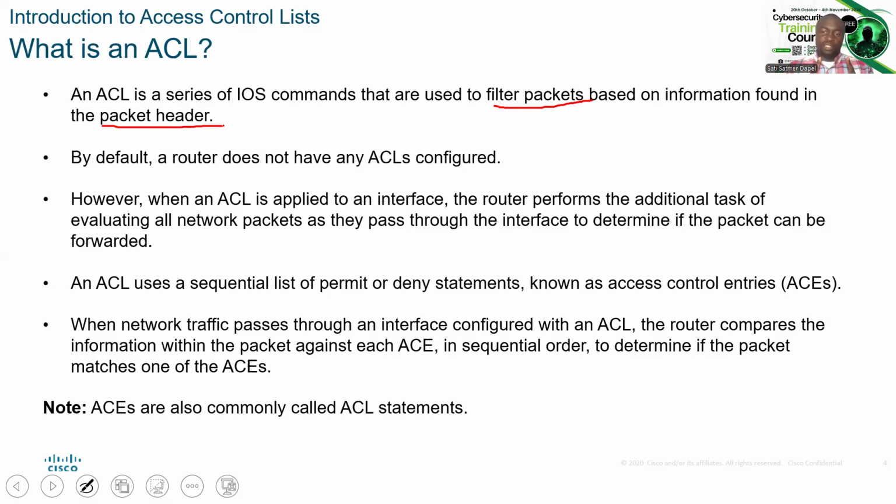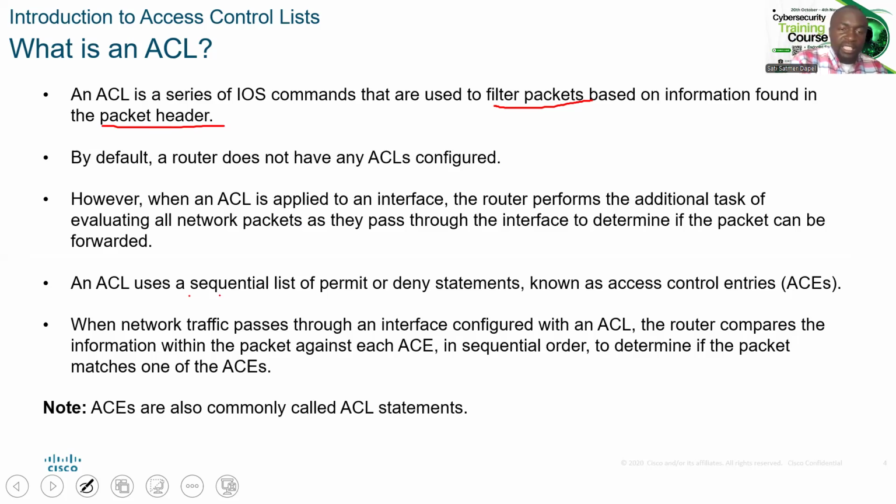Remember, as I said in the introduction, it's all about permitting or denying. You want to permit this IP address to access this resource, or you want to deny it. That's basically it.